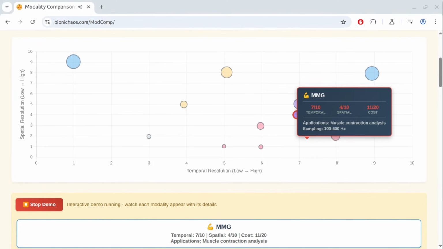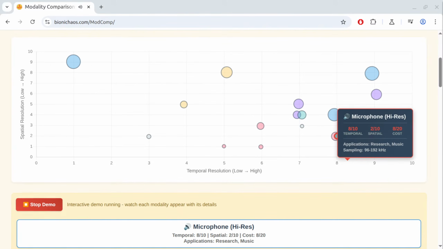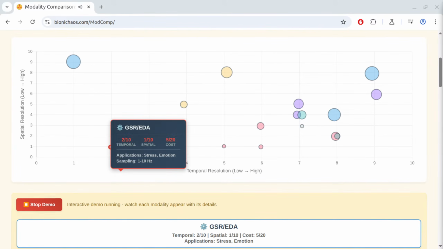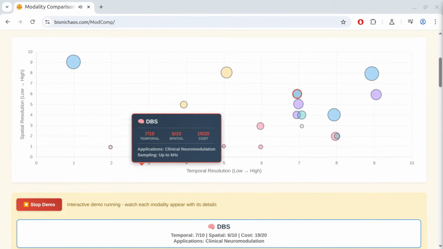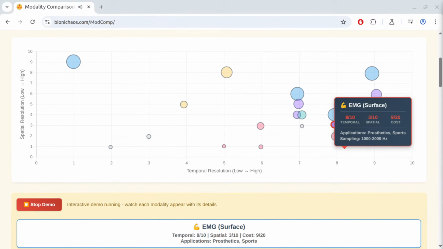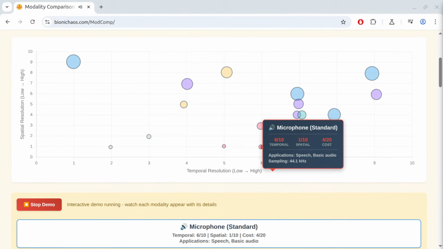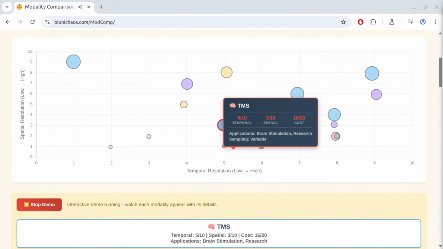From that humble temperature sensor, just asking hot or not, all the way to the mighty MEG tracing neural pathways, each gives us a unique window. Defined by its speed, its detail, and that ever-present price tag. And this deep dive, I think, really shows that being informed isn't about memorizing specs, it's about grasping those fundamental trade-offs. And appreciating that sometimes the simplest, cheapest tool gives you exactly what you need.